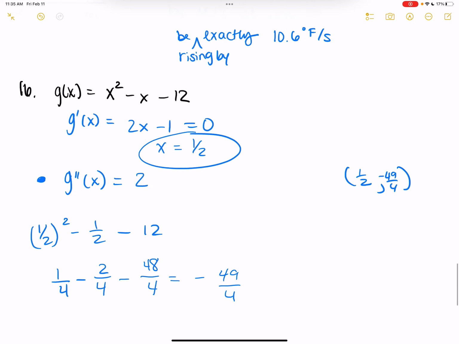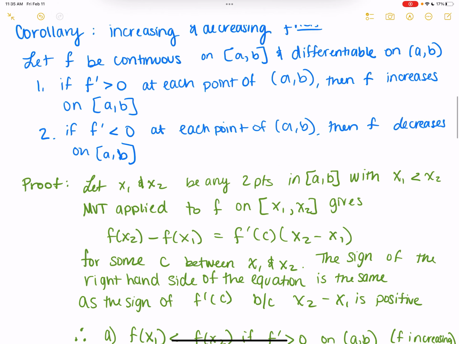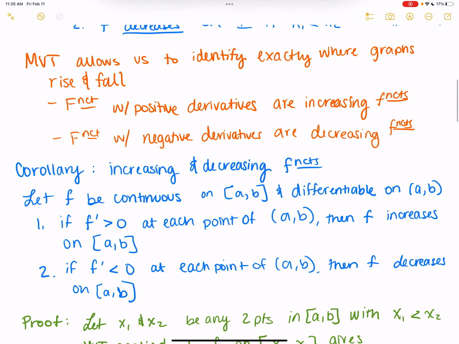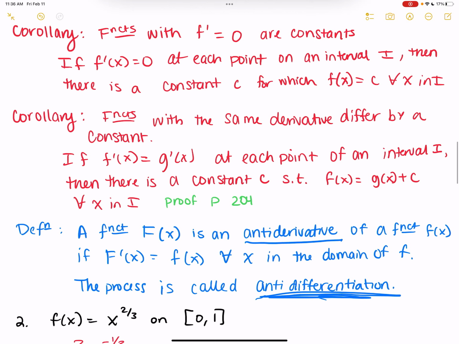So now this is where this stuff comes in. If the derivative is greater than 0 at the point, it's increasing. If it's less than 0, it's decreasing.